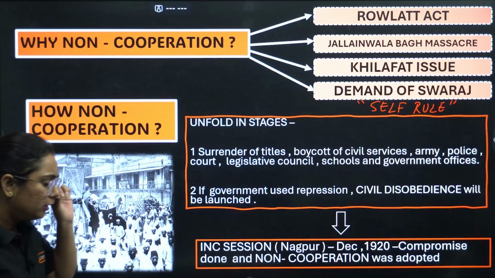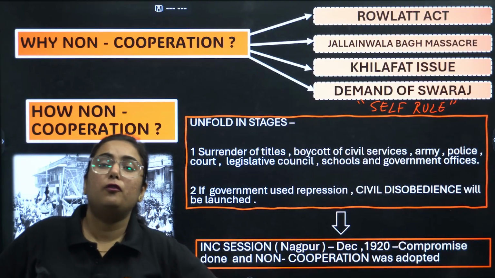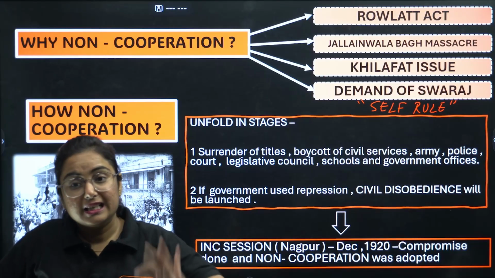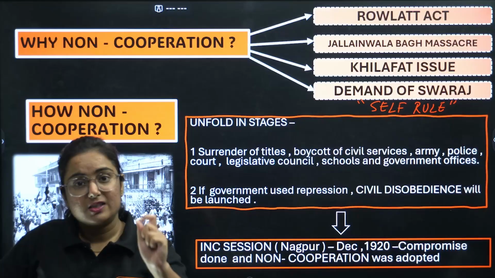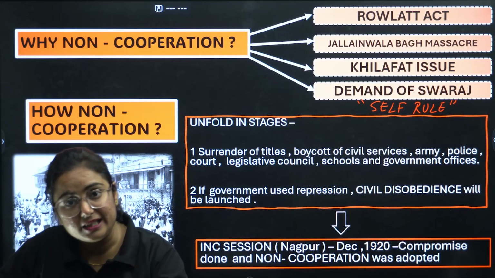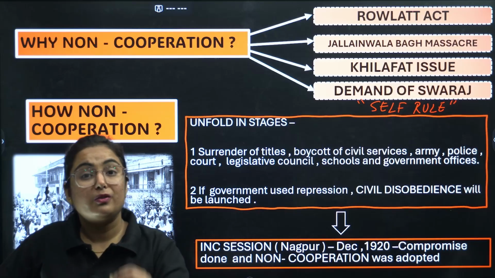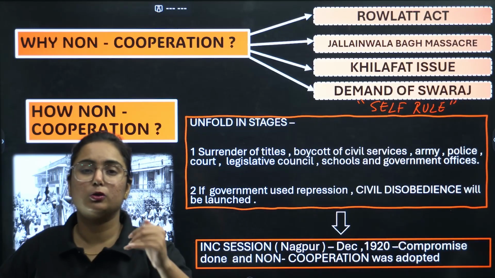Now the Congress members asked Gandhiji how we are going to organize this movement. Then Gandhiji replied, in his 1909 book Hind Swaraj, that Indians do not get Swaraj because we have accepted everything from the Britishers. We are cooperating with the Britishers.